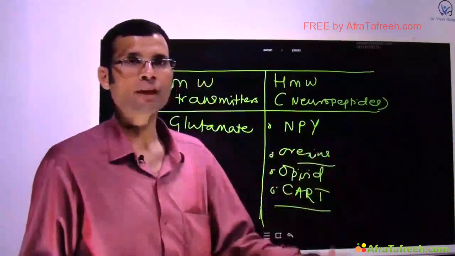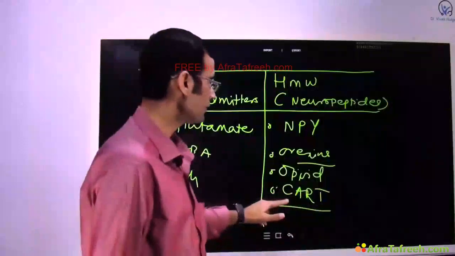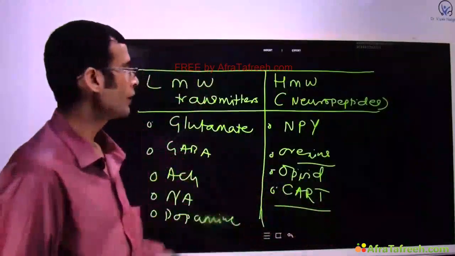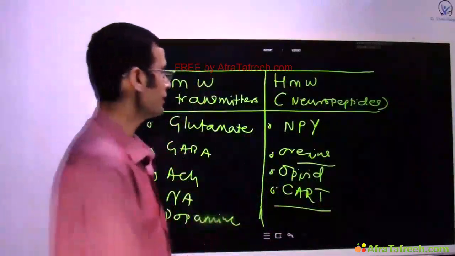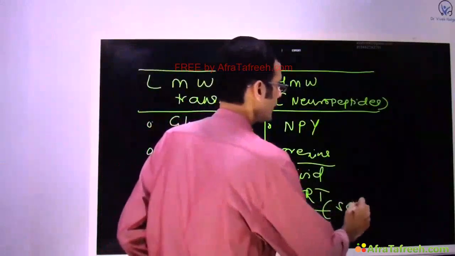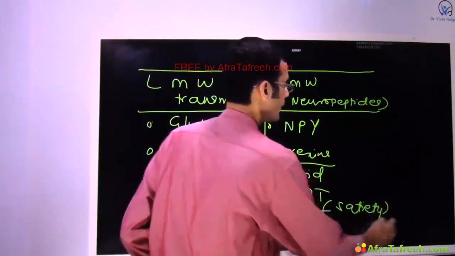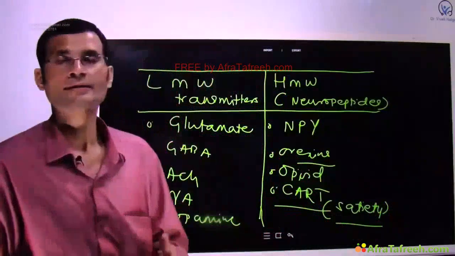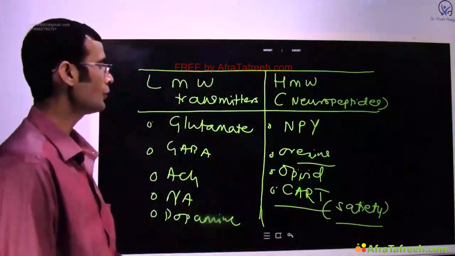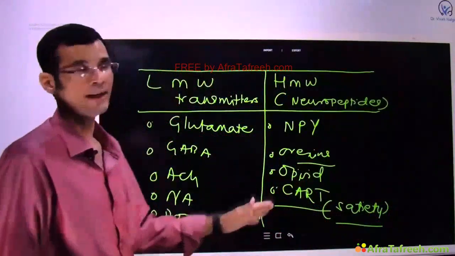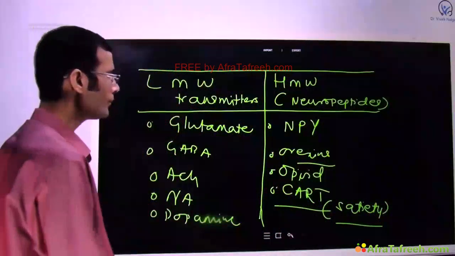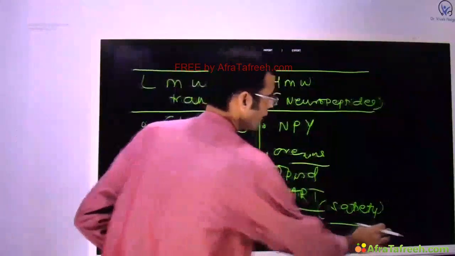Cocaine and amphetamine regulated transcript, that's CART. This neurotransmitter is involved in satiety. It is thought to play the central role in satiety. So satiety producing neurons have CART as the neurotransmitter. That's another way of looking at the transmitters.